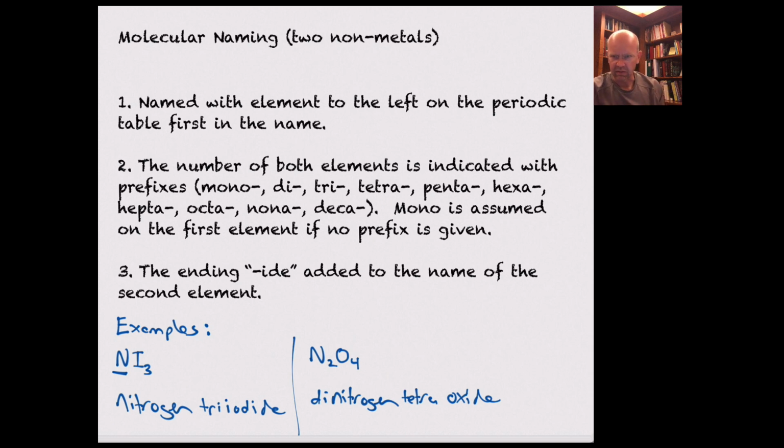Dinitrogen tetraoxide. Sometimes the A is dropped, so it could also be tetroxide. Dinitrogen tetraoxide or dinitrogen tetroxide. So those are both acceptable names for that compound using the molecular naming system. Again, these are molecular names because these compounds both involve 2 nonmetals as their binary constituents.